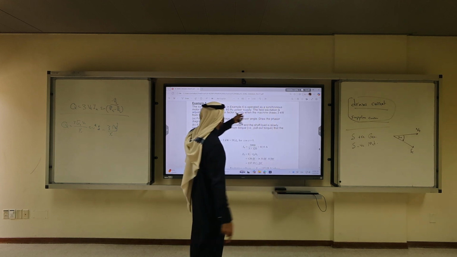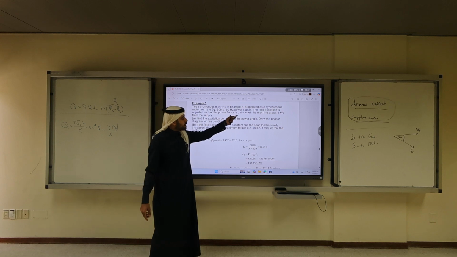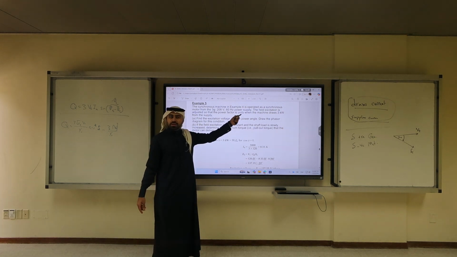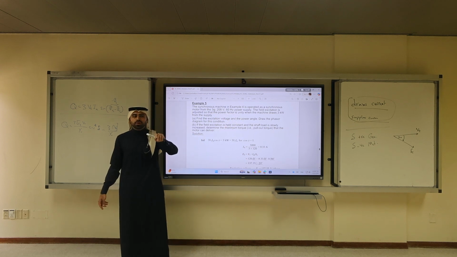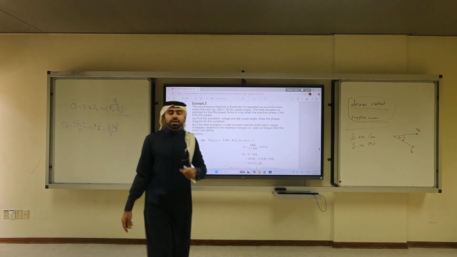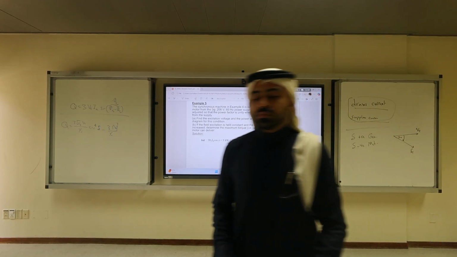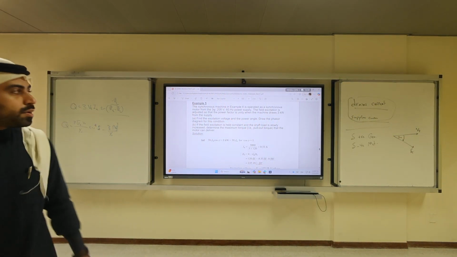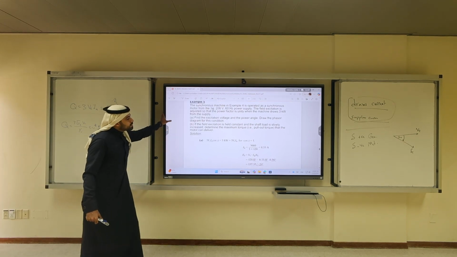We have the same values, and the field excitation is adjusted such that the power factor is unity. What is this operation for a motor? Is it under-excited, over-excited, normal-excited? Normal-excited. So for both generator and motor, it is normal-excited.